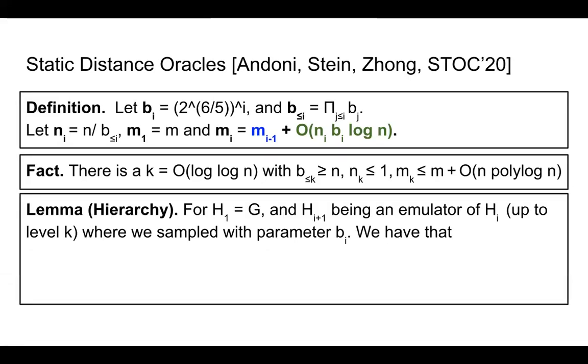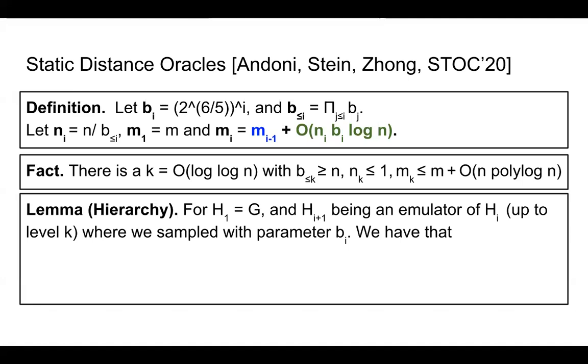Using all of these numbers, what you get is the following lemma, which is a lemma about the hierarchy. Let's define H_1 as our input graph G, and then just take H_{i+1} to be the emulator, with the procedure we've seen, of H_i. We do that for each level up to a level K, for this K of log n that satisfies what I've written in the fact.